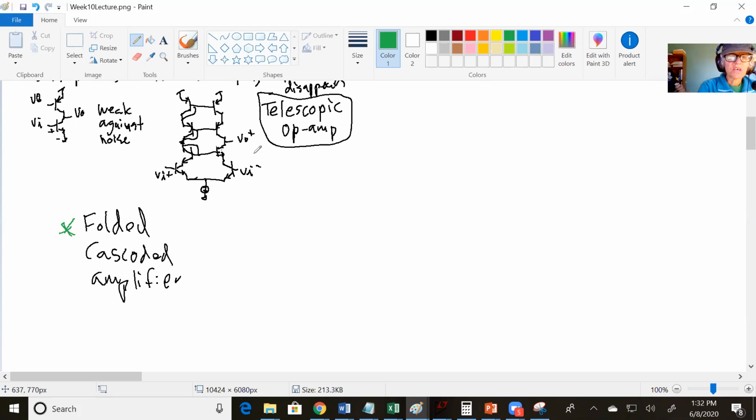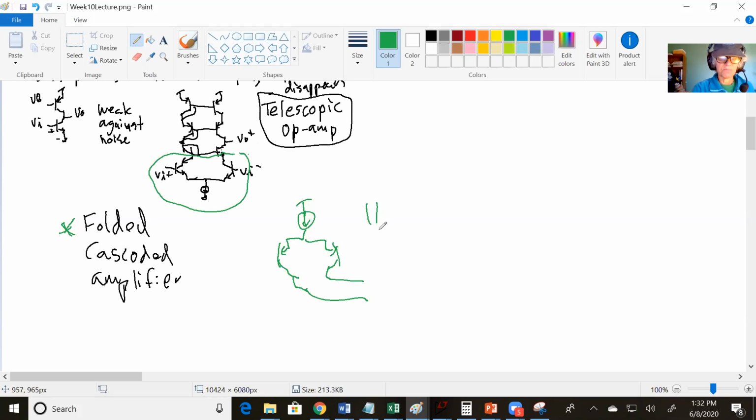What you do is you take the input part, and I'll just draw it so you see it, and you fold it up like this. And then over here is still cascoded, but you control the current.